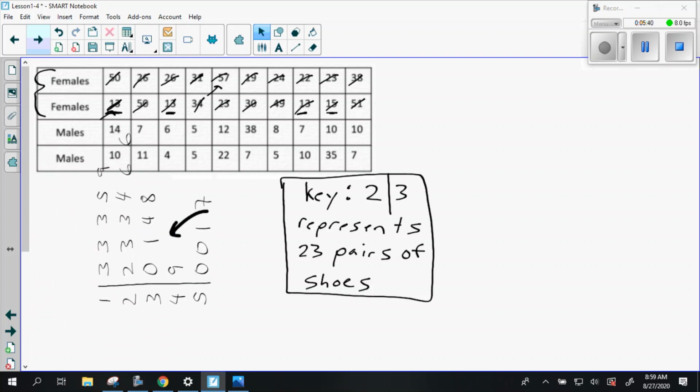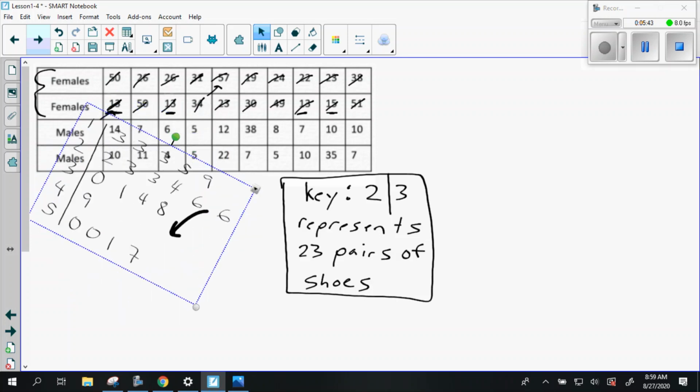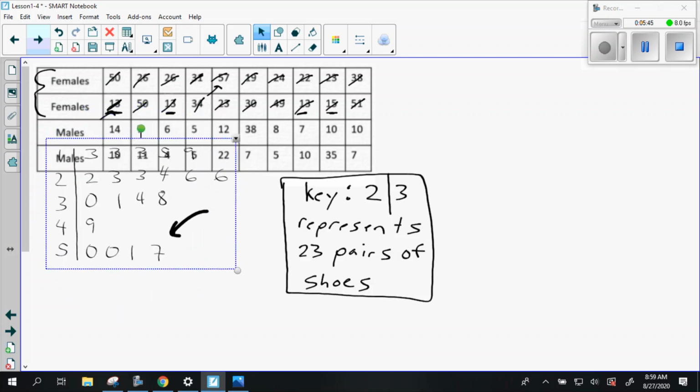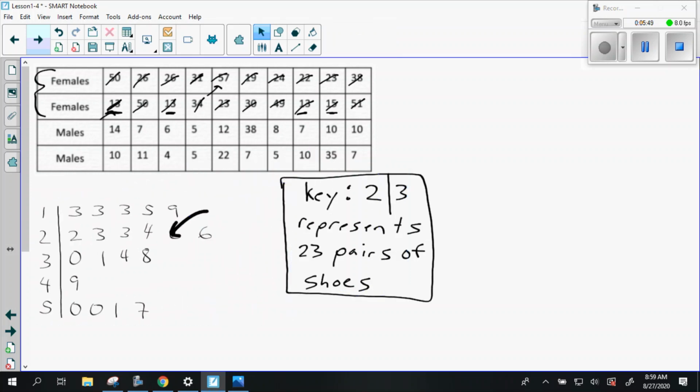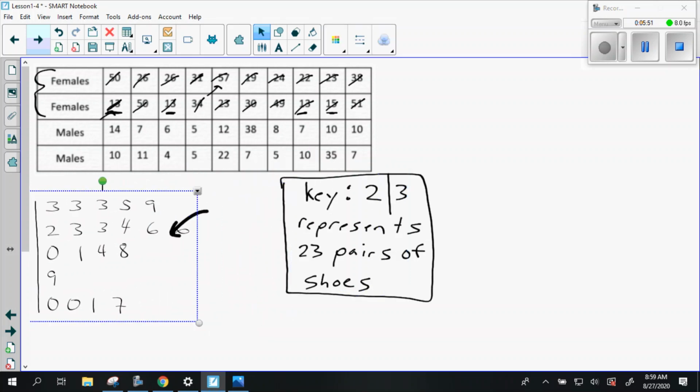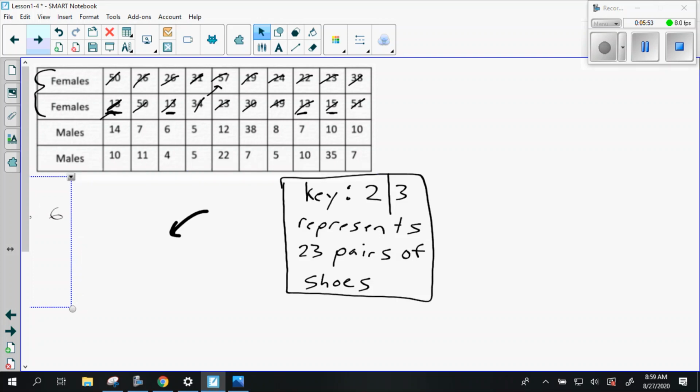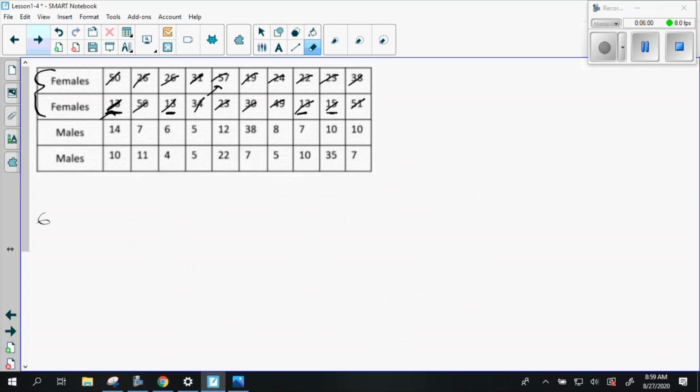I'm going to stash it over here. Hey, come back here. Behave. Stay right there. We'll know that it's there because of the 6. I'm also going to erase this key real quick. Let's go ahead and look at the male data. Here we go. I am going to put that over here.